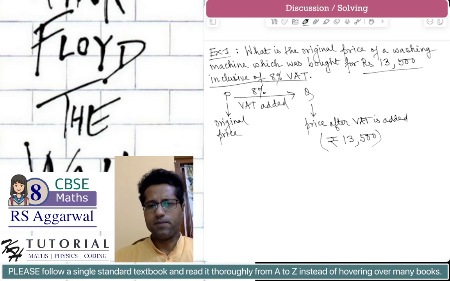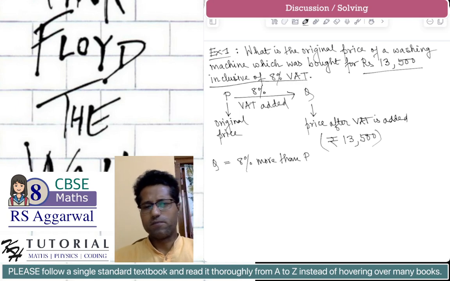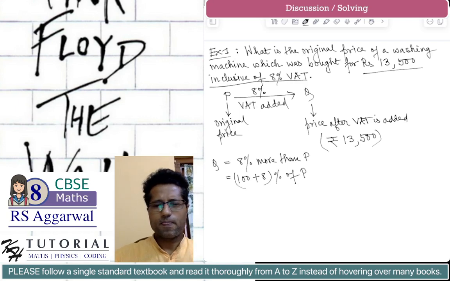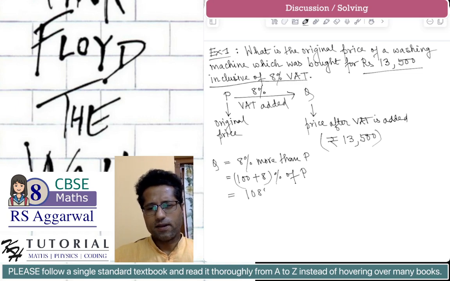So we just need to find P. Now we know that Q will be 8% more than P, from the simple concept of percentage and 8% VAT being added to P. So 8% more means 100 plus 8% of P, which is equal to 108% of P, which is equal to 108 by 100 multiplied by P.